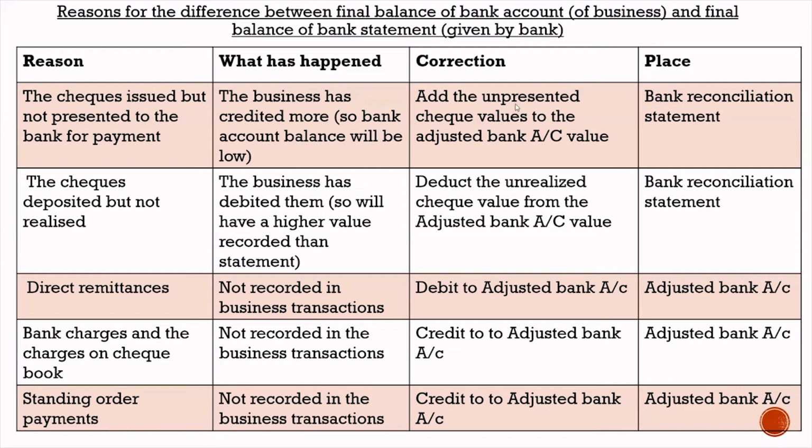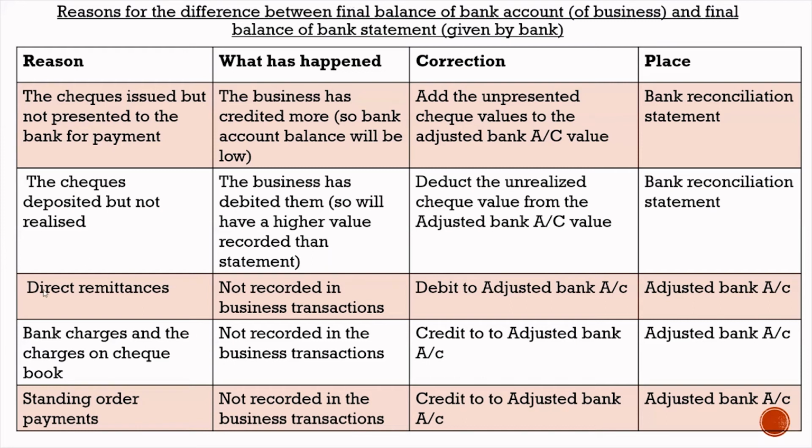So all unpresented checks and unrealized checks go to the bank reconciliation statement. Then there are other times where different transactions happen directly in our current account and we as the business have not recorded them.